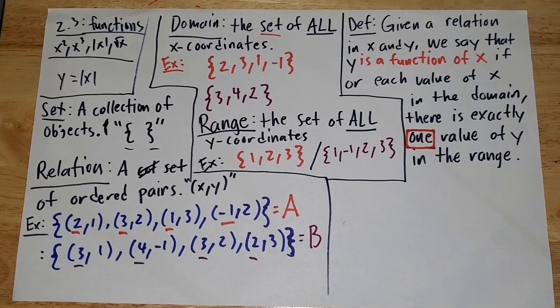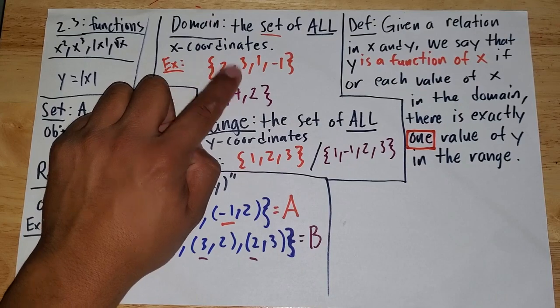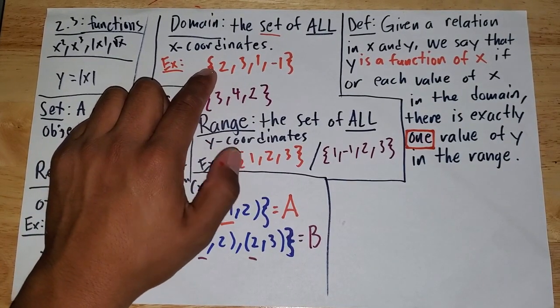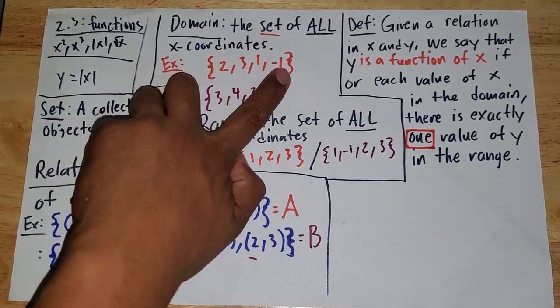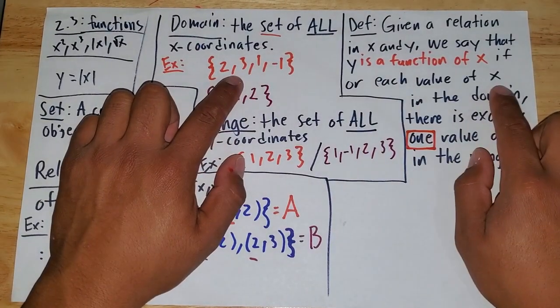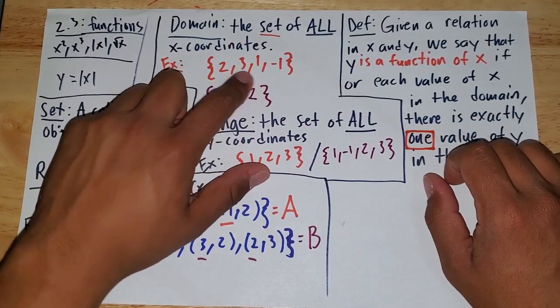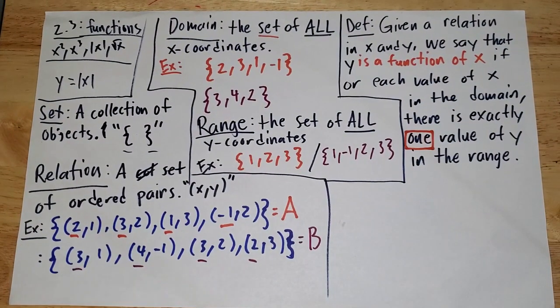What this is saying is that if we're looking at an x in the domain, we have to compare it with the y, and every x in here. So again, it only says each value of x. So every single x in your domain can only correspond to exactly one y. It can't correspond to two of them.